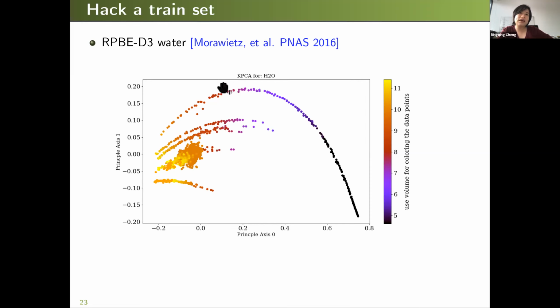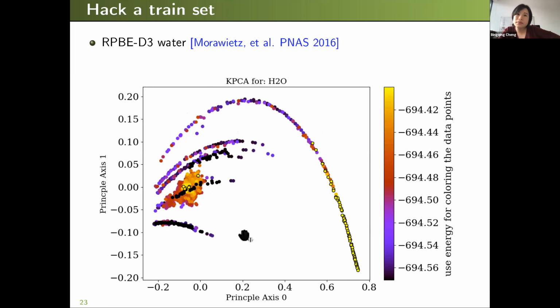And then they also take a few phases of solid ice, and they were just doing the dilation of the simulation cell. So these line structures you see here are the ice phases, and this patch is liquid water.